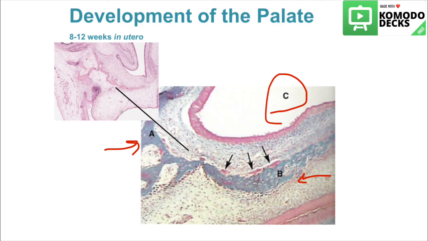As you can notice, the arrow points at osteoclastic activity toward the nasal cavity side and a compensating osteoblastic activity on the side of the oral cavity. Osteoblastic on the oral surface and osteoclastic on the nasal surface allow for new bone formation and growth in place of the resorbing bone towards the nasal cavity.